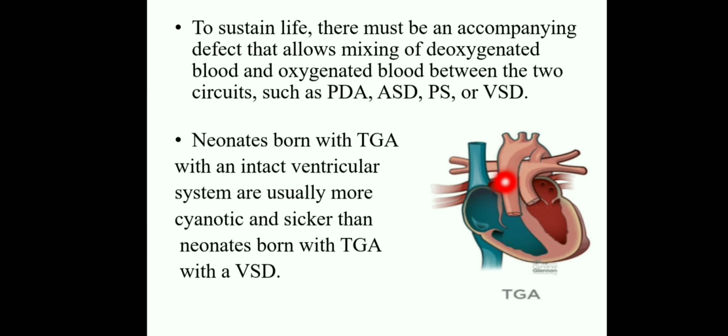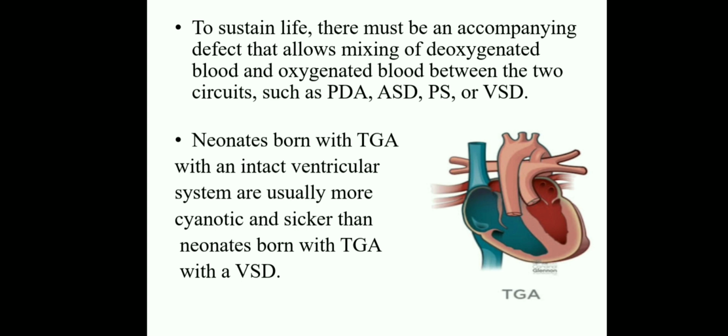This is the aorta, where it is rising, meaning it should come from the left ventricle, but it is arising from the right ventricle. So the transposition is there. So the mixing of the deoxygenated blood and the oxygenated blood between the two circuits is there.